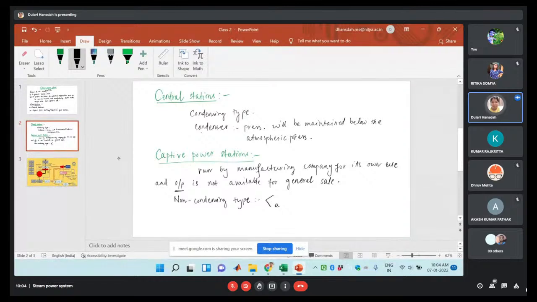So in case of the non-condensing type of power plants, the amount of energy extracted per kg of steam will be increased.